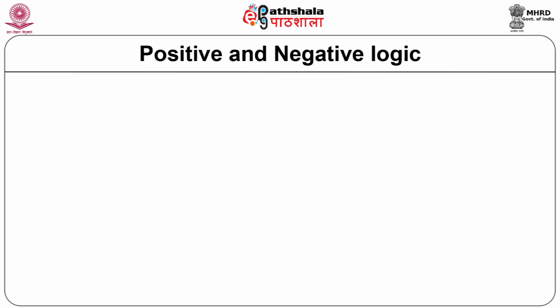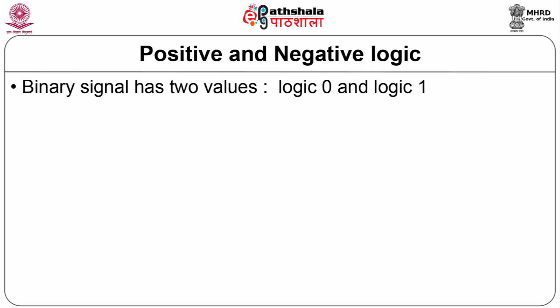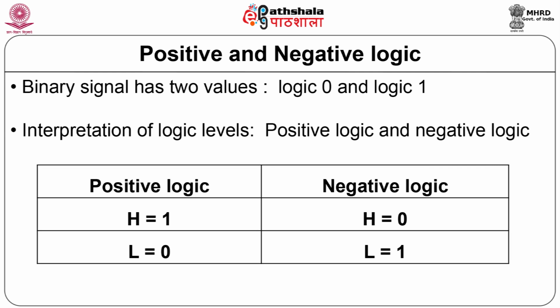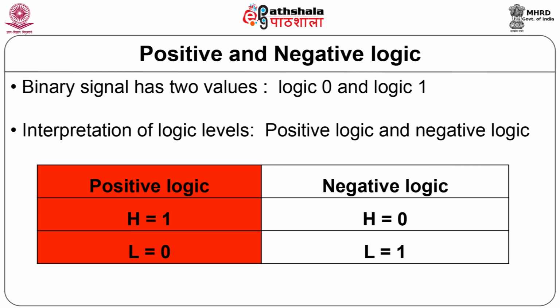Let us consider the logic levels which are used in digital electronics. A binary signal has two values, logic 0 and logic 1. These are interpreted in logic levels as positive logic and negative logic. When we consider positive logic, high is considered as logic 1 and low is considered as logic 0.